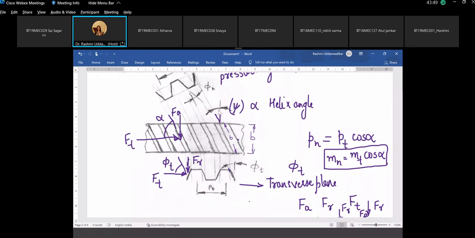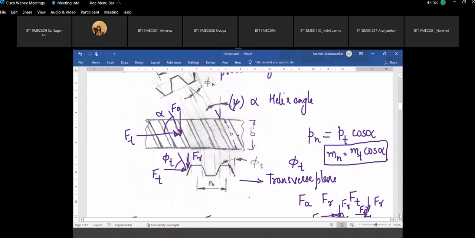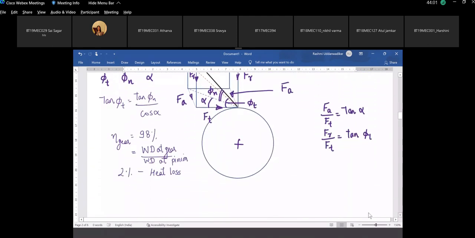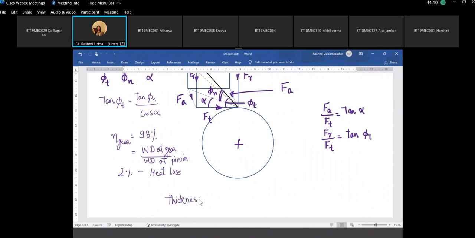So now the thickness in the transverse plane, this is in the transverse plane, this is in the normal plane. And what is the relationship between these two? So it is the thickness of the tooth. Yes. In the transverse plane, it is 1 upon cos alpha times its thickness, for the helical gear.